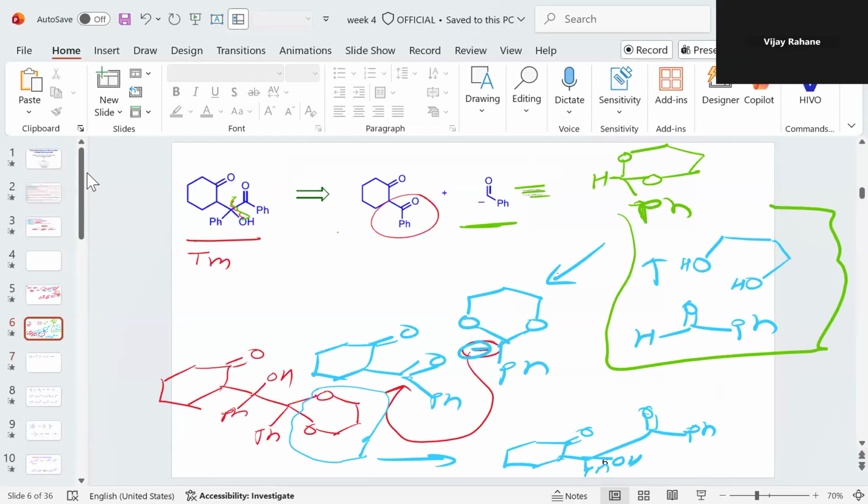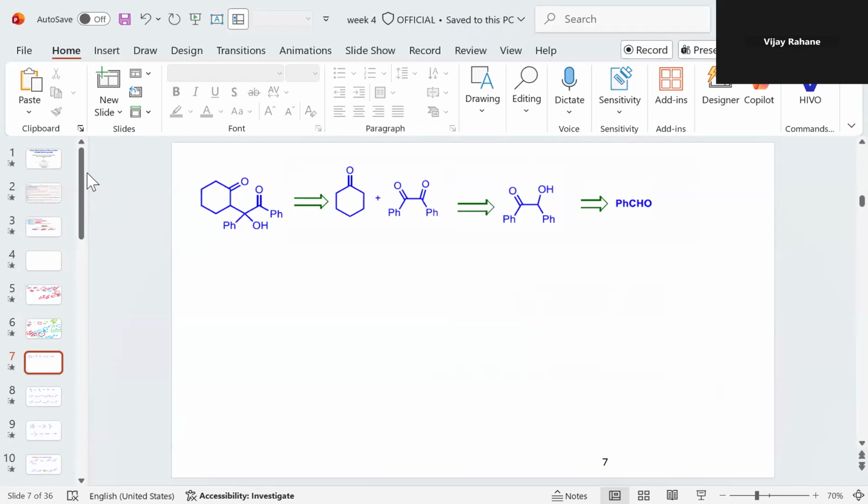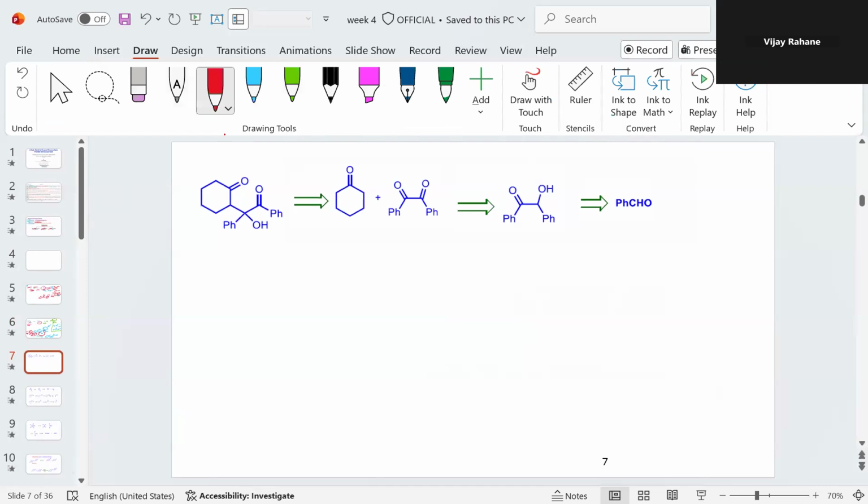This is the same molecule as we have seen earlier. In this case, we can do the disconnection here as well. What we get is this double bond O here, negatively charged, and this Ph also the OH, which is now positive, along with this double bond O Ph, right?